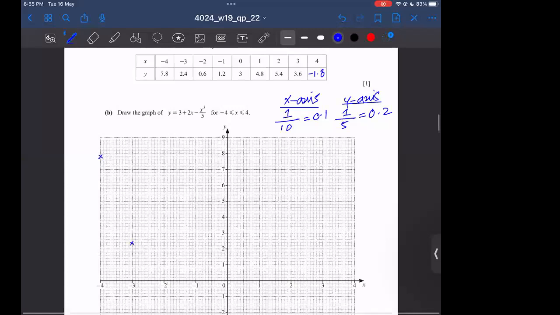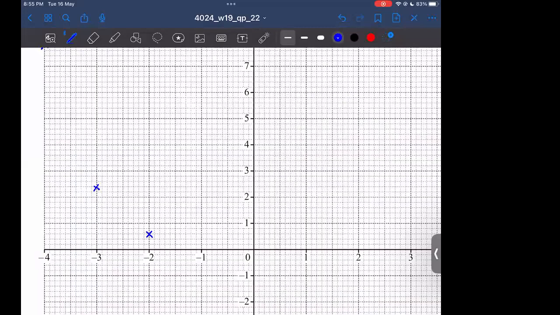Zero comma 3. 1 comma 4.8 is going to be here. Just write one box below the 5. Then we have 2 comma 5.4. I'm just doubtful on the value of this.